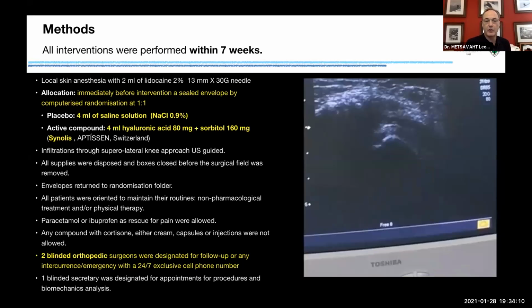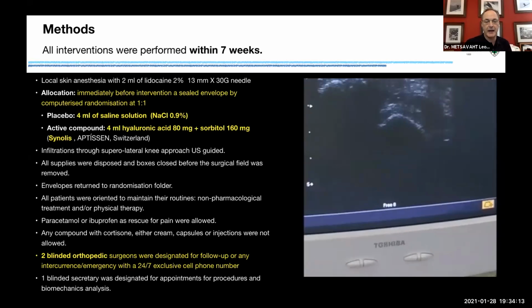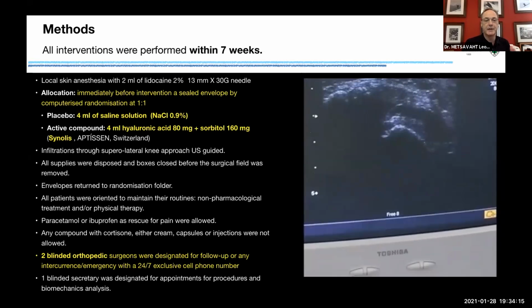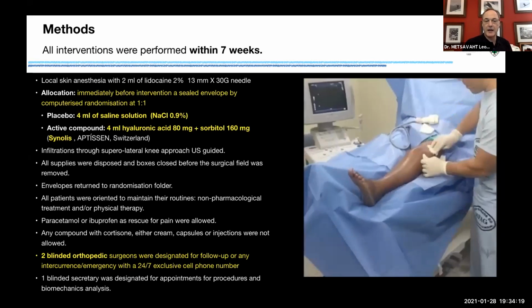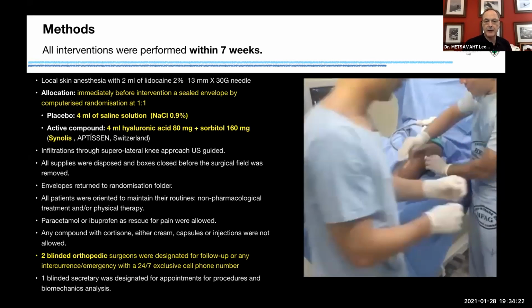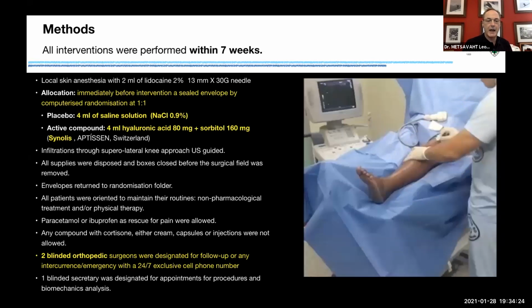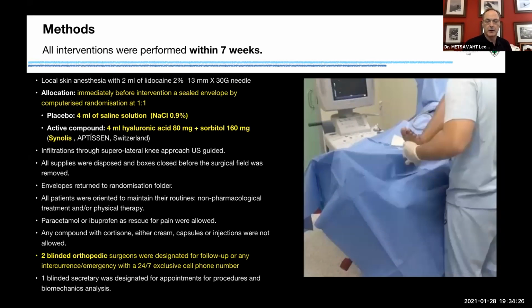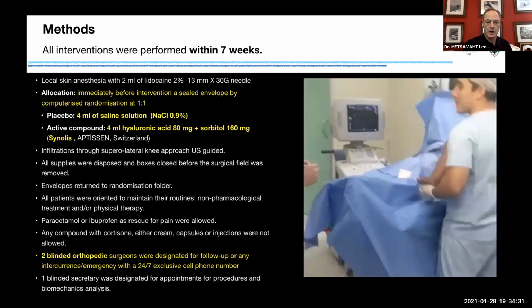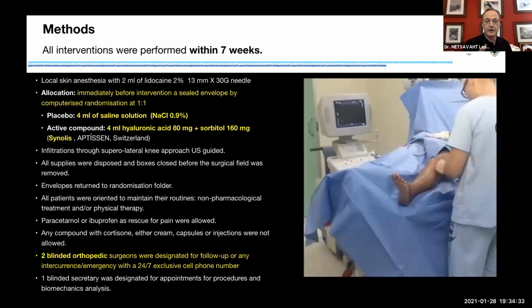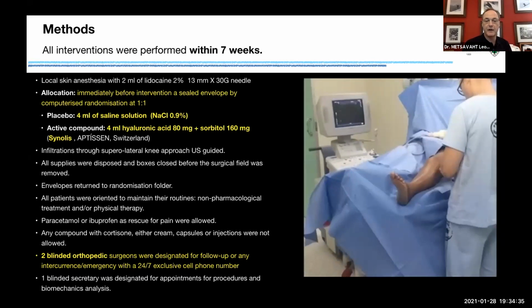All patients were oriented to maintain their routines, like non-pharmacological treatment or physical treatment. Paracetamol and ibuprofen as rescue pain medication were allowed. Any compound with cortisone, either cream, capsules, or injections, was prohibited. Two blinded orthopedic surgeons were designated for follow-up or any intercurrence or emergency, with a 24/7 exclusive cell phone.